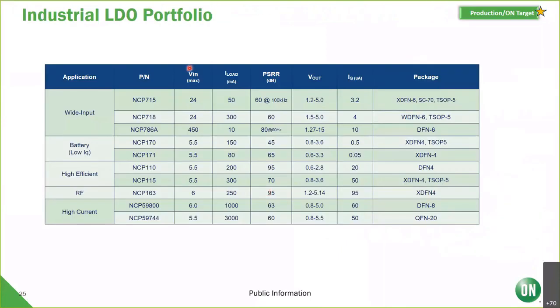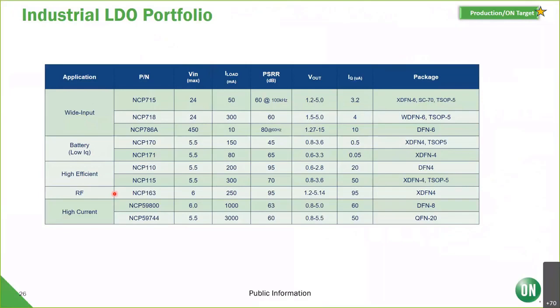So we also have a number of industrial LDOs, our industrial LDO portfolio. This slide breaks it down by applications. So we have wide input LDOs, VINs up to 24 volts and even 450. We've got low IQ LDOs. I've already mentioned those, the 170 and the 171, 500 nano and 50 nano respectively.